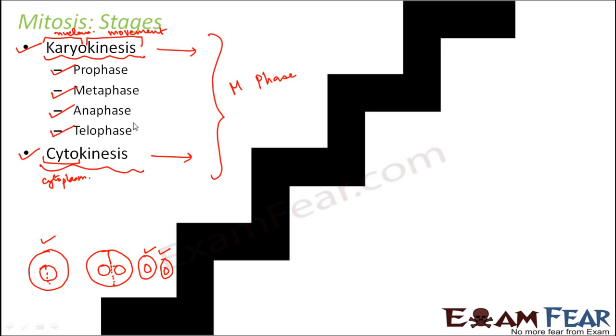Now we will talk about each of these phases in detail, and we'll try to see what exactly happens in each of these phases. These days in many of the textbooks, they have also included another phase called pro-metaphase. Also, prophase at many places has been further classified as early prophase, late prophase, and similarly you will have pre-metaphase and late metaphase.